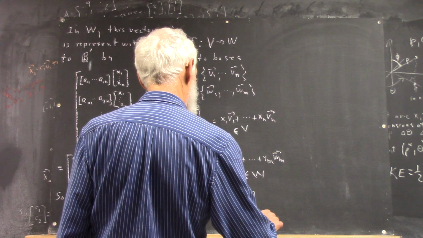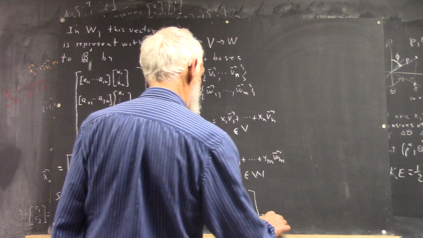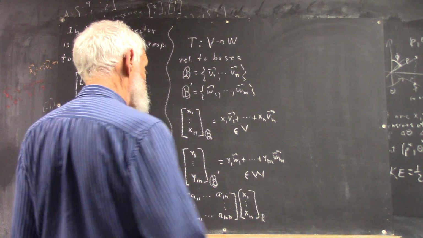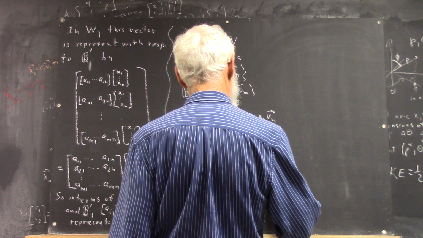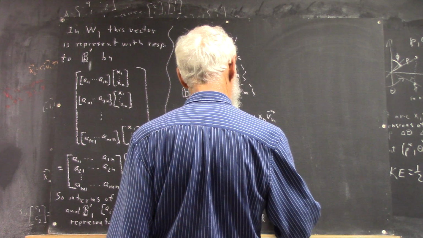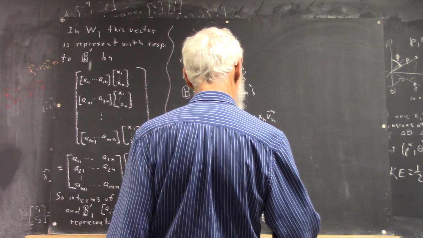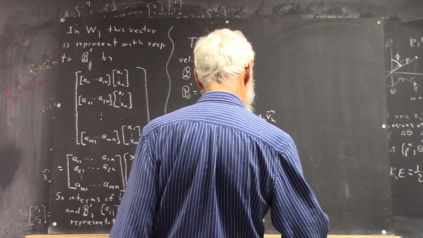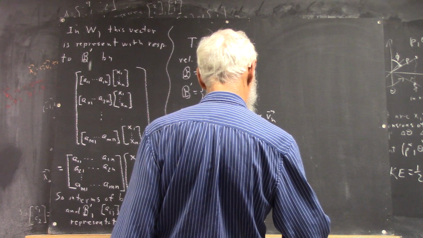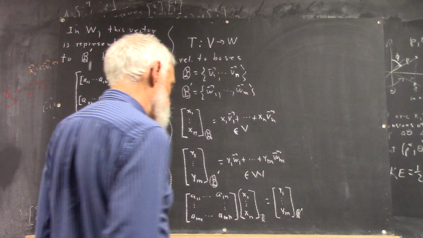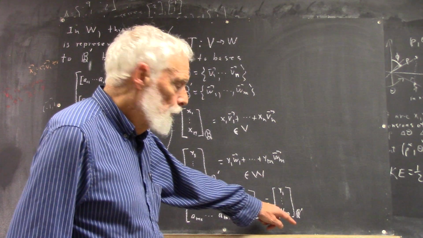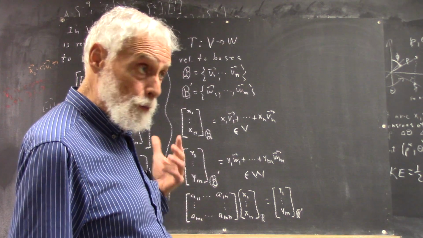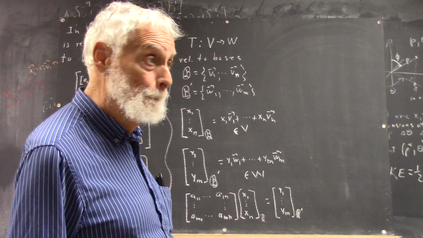This product relative to the basis B equals y1 through ym, B prime, as developed, represents the transformation, right?